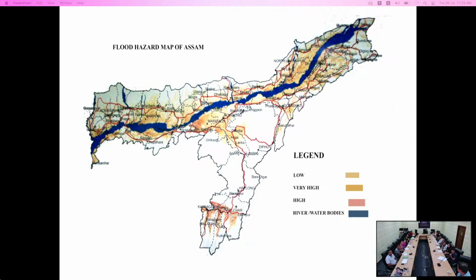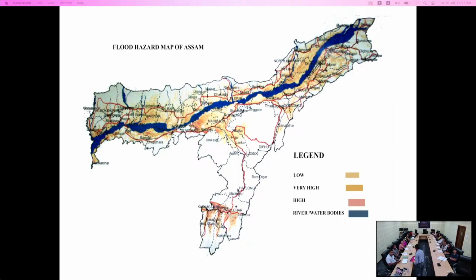You can see the maps from there, na? If I ask you, how will you know where it is maximum, where it is minimum? By looking at the legends, isn't it? That is not enough. You have to actually put your mind.